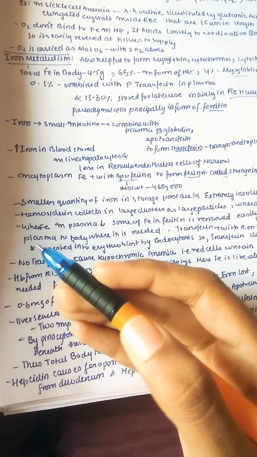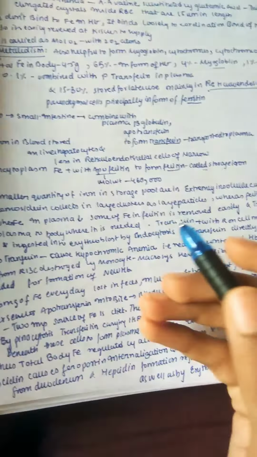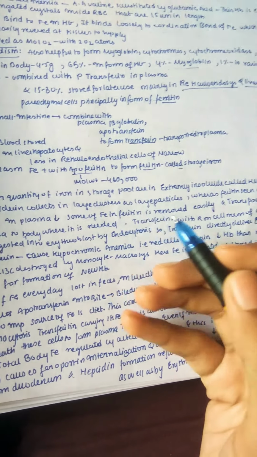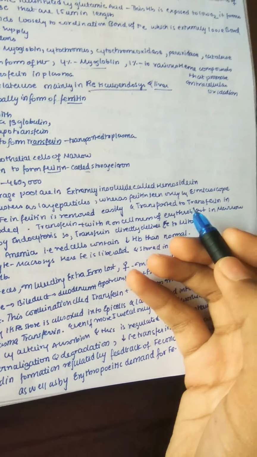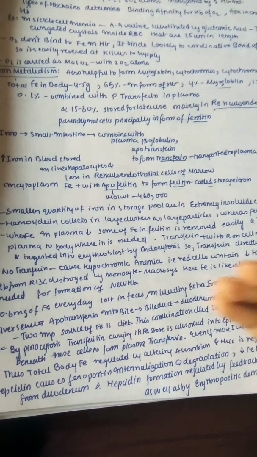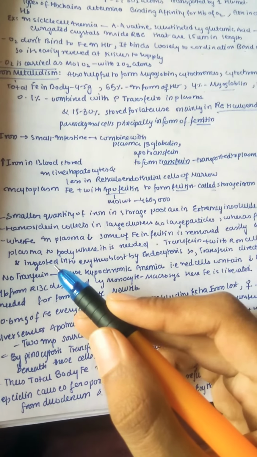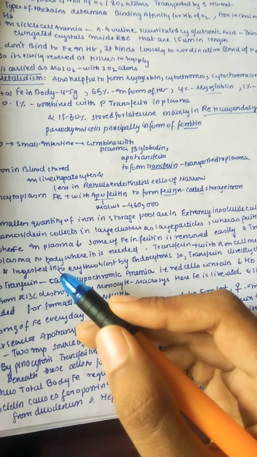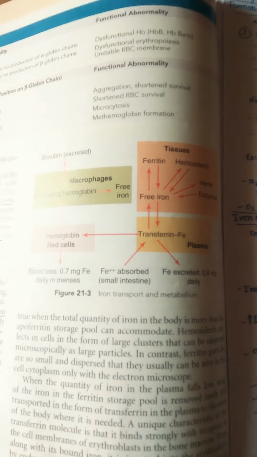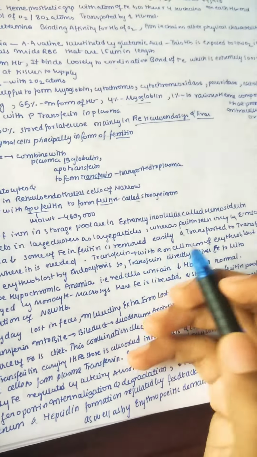When the iron in the plasma is very low, some of the iron in the ferritin is removed easily and transported to transferrin in plasma, and to the body wherever it is needed. I will explain this iron metabolism in detail later, and then you can easily understand what I am talking about now.